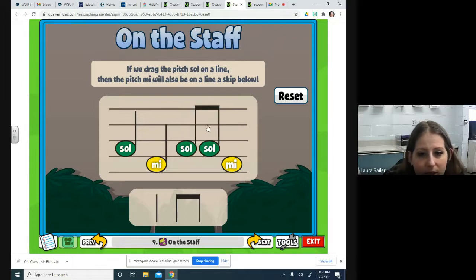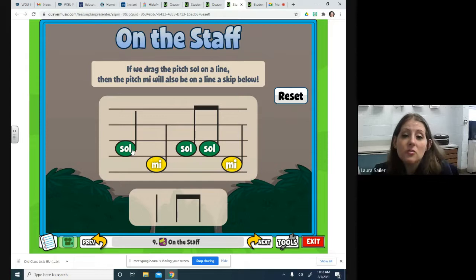So if we put our rhythm and pitch on these notes, we have a pattern. So the rhythm pattern is ta, ta, ti, ti, ta. And the pitch pattern is so, me, so, me, right? So when we put them together, so, me, so, me, that's where we get music.